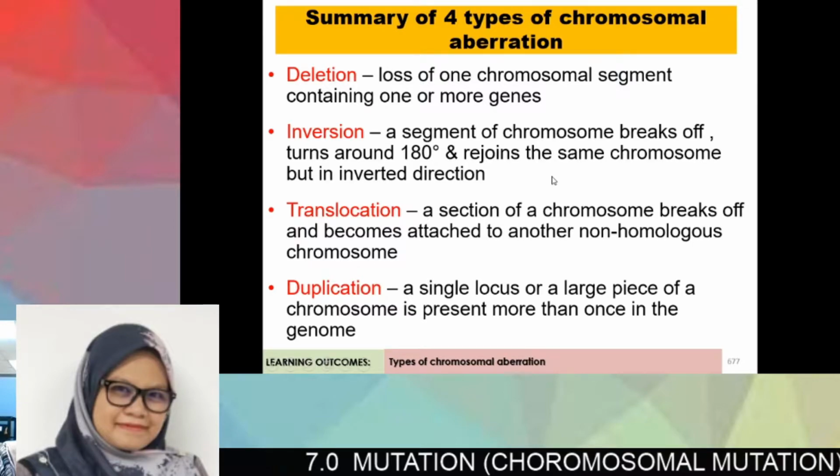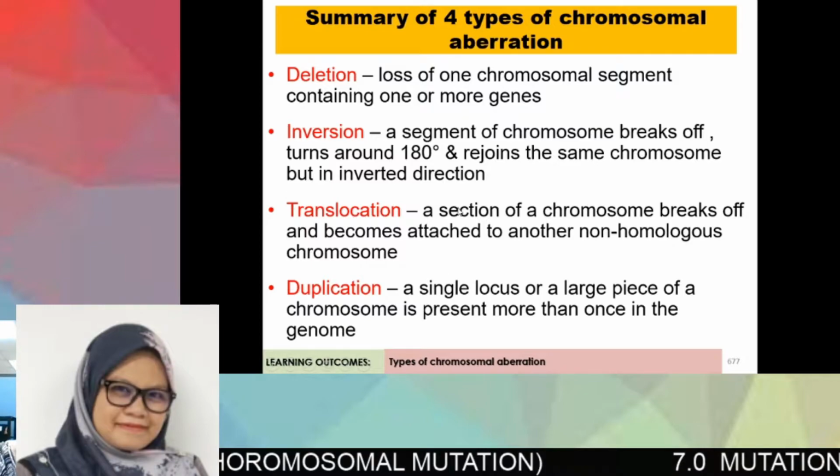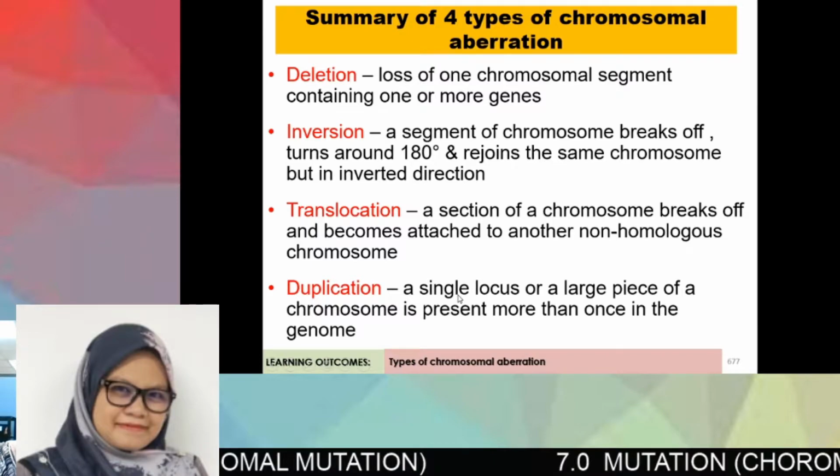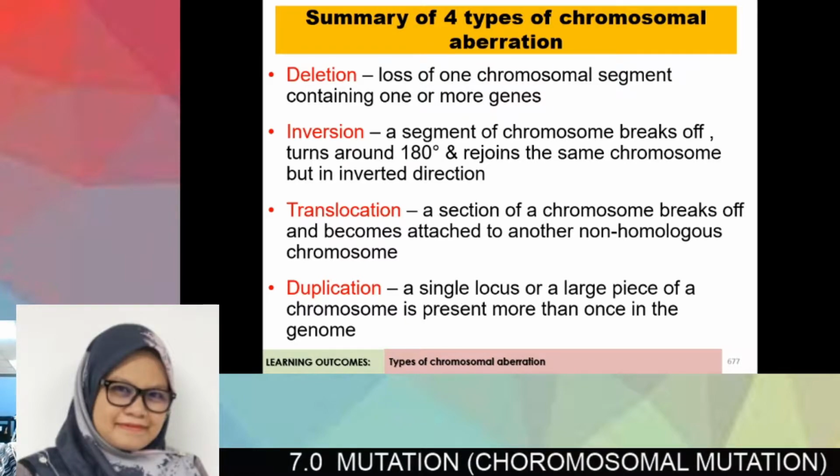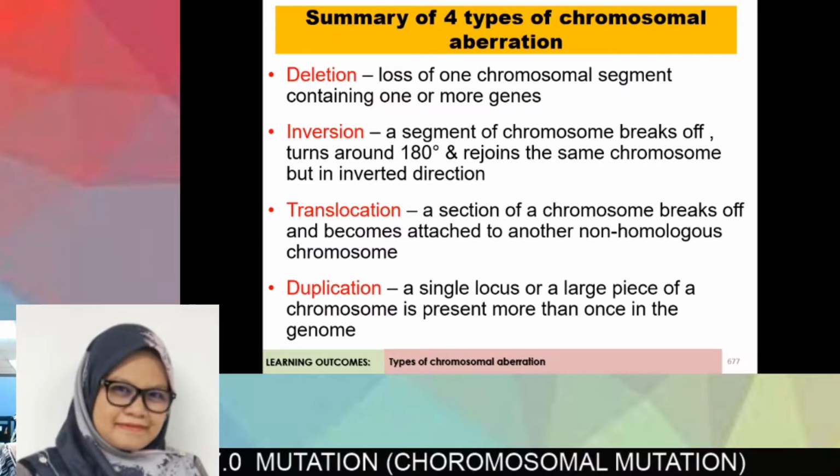For this we have two types, reciprocal and non-reciprocal. And for duplication, a single locus or a larger piece of a chromosome is present more than once in the genome, or you can say that a segment of DNA is duplicated.